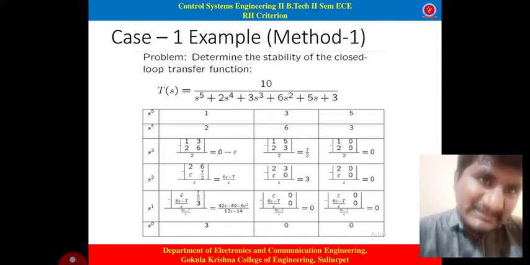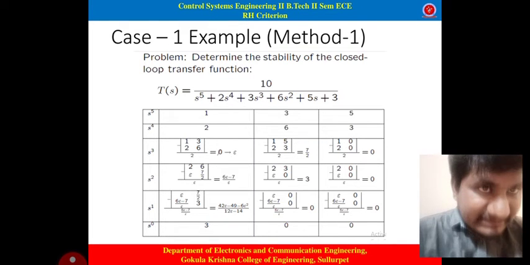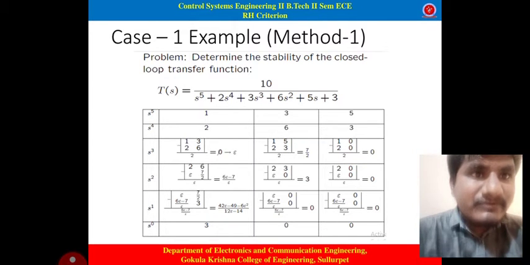So here T of s is given. The characteristic equation we have is s power 5 plus 2s power 4 plus 3s cube plus 6s square plus 5s plus 3.